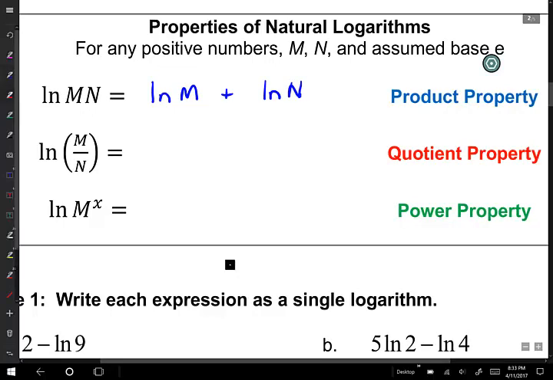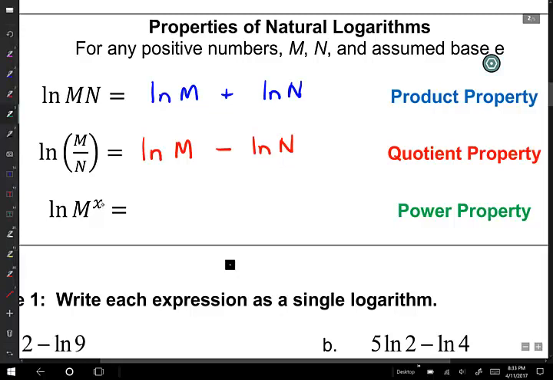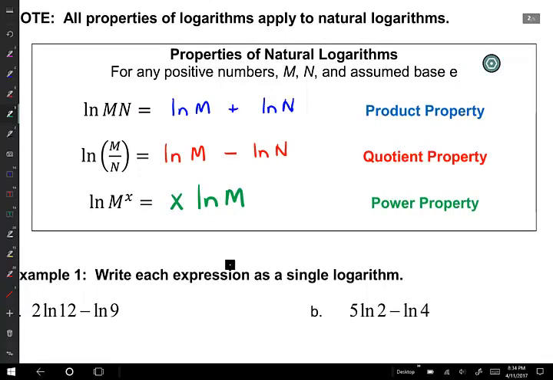The quotient property therefore says the natural log of m minus the natural log of n. Subtraction outside a logarithm becomes division inside a logarithm. And then finally, the power property says an exponent inside a logarithm is going to become a coefficient out in front of that logarithm. So we have the same three properties of logarithms for natural logs as we do for our regular logarithms.